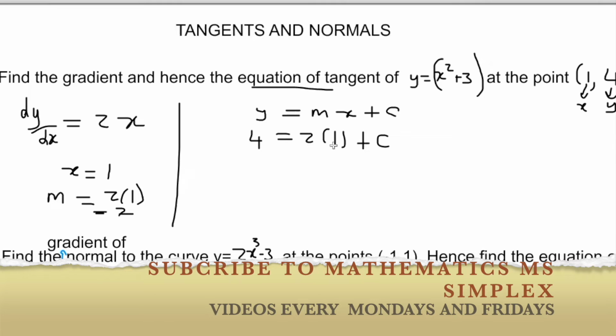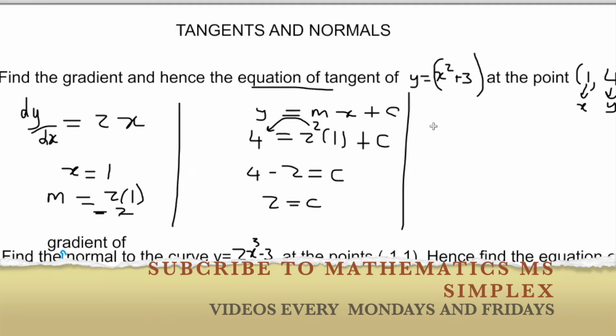Now transposing, 2 times 1 is 2, carrying it over, the 2 becomes negative. So I will have 4 take away 2, and that will give me c. So 4 take away 2 is 2, so c is equal to 2. That means our y-intercept is 2.